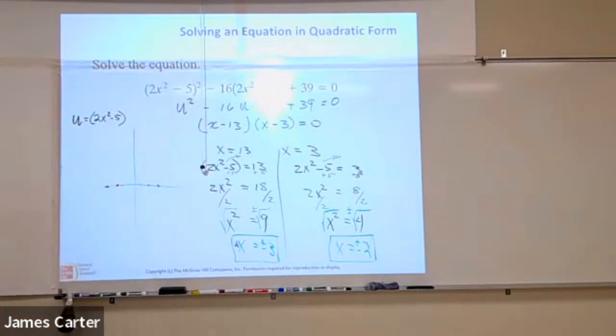You got to know these beginning and ending values. If it's an odd degree equation, 3, 5, 7, 9, it's going to go low to high or high to low. If it's an even powered degree equation, then it's going to be up and up or down and down. That's something you got to know.